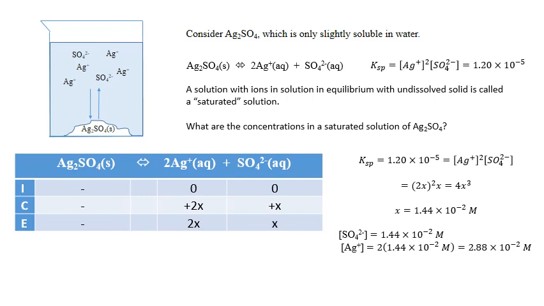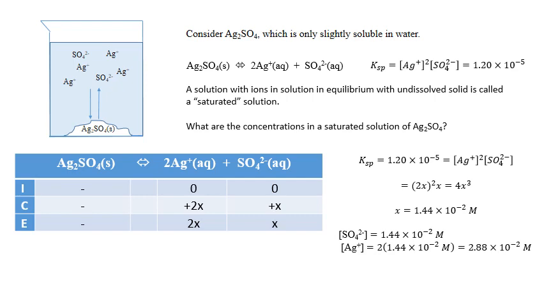And when you multiply that out, quantity 2X squared is 4X squared, multiplied by X makes 4X cubed. You're going to see that pattern actually come up again. Anytime you have a solid like this that makes 2 of one kind of ion and 1 of another, you're going to wind up with that 4X cubed for these KSPs.